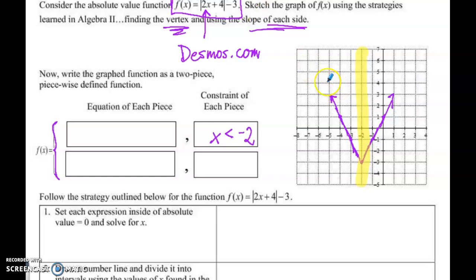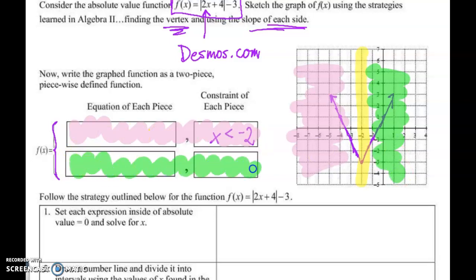And I could get a different color highlighter and point out that we're going to do this piece for the top one, and then here's a different color highlighter that is going to represent the right or the bottom of my graph.